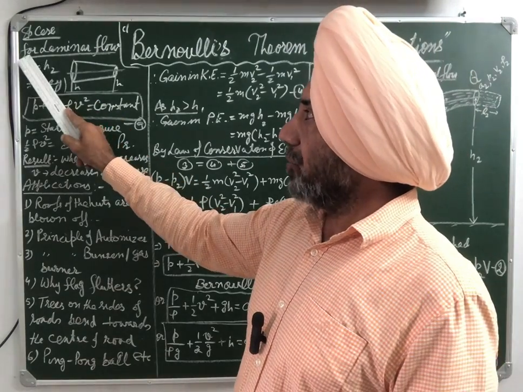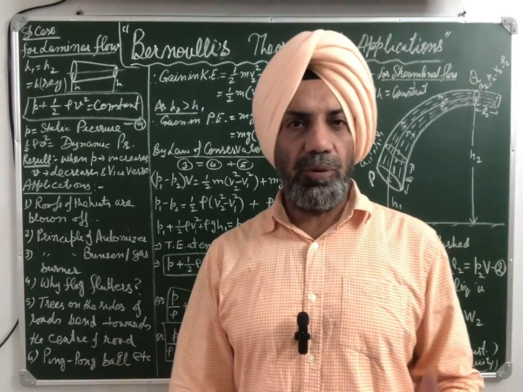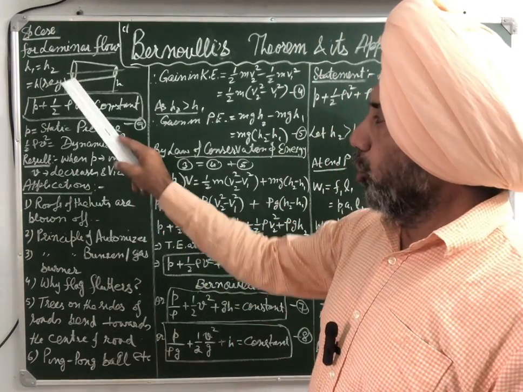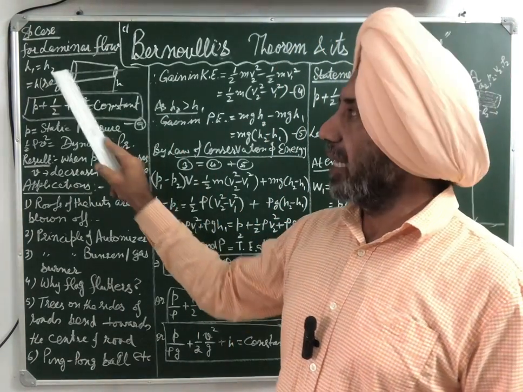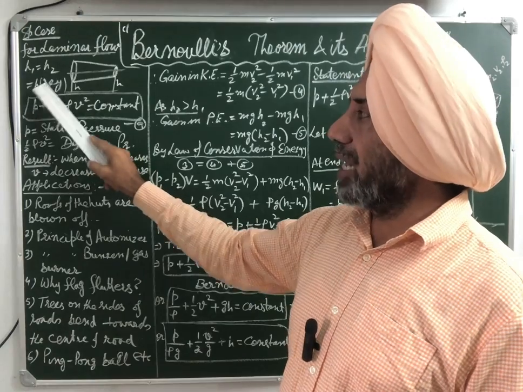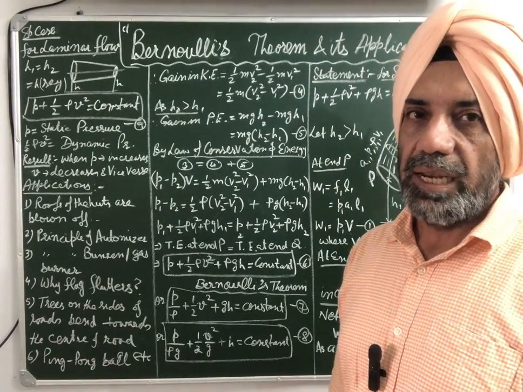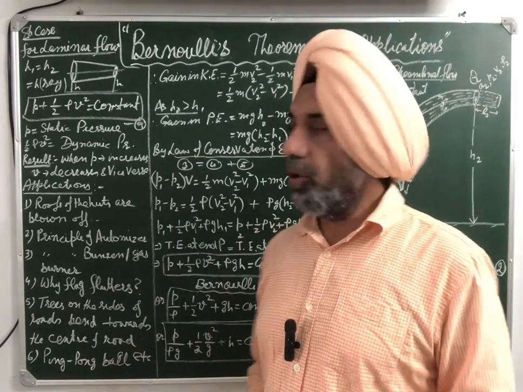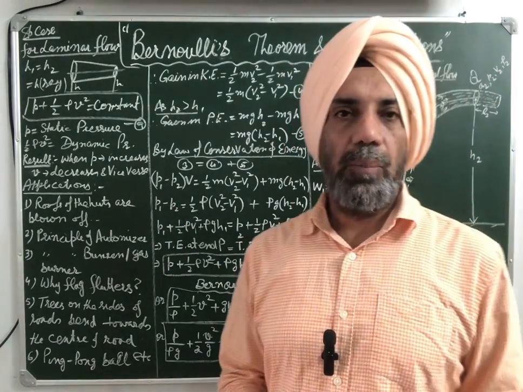Now, a special case for laminar flow. Laminar flow is a special case of streamlined flow, in which the tube of flow is horizontal, that is h1 is equal to h2 is equal to h, say. It means if the height of the tube of flow remains the same, there is no gain in potential energy.